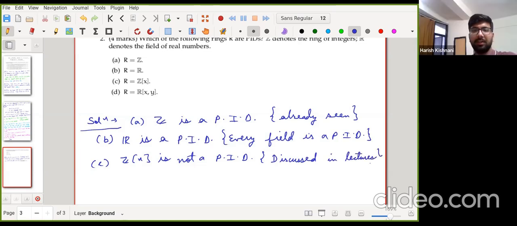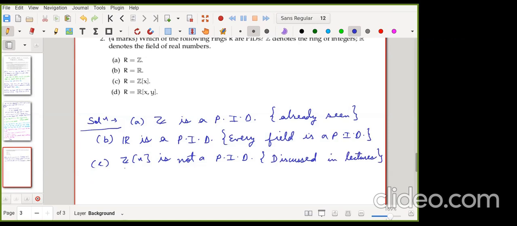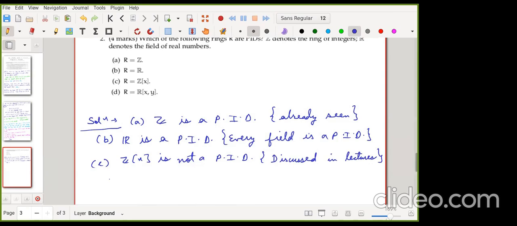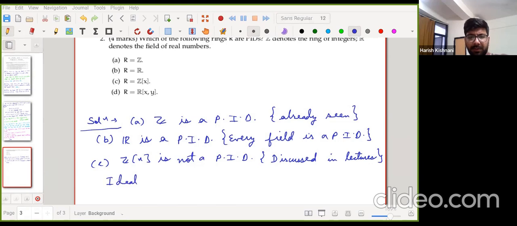What ideal can you give as an example, which is not principal, in Z[x]? That ideal we have seen a number of times in the lectures.